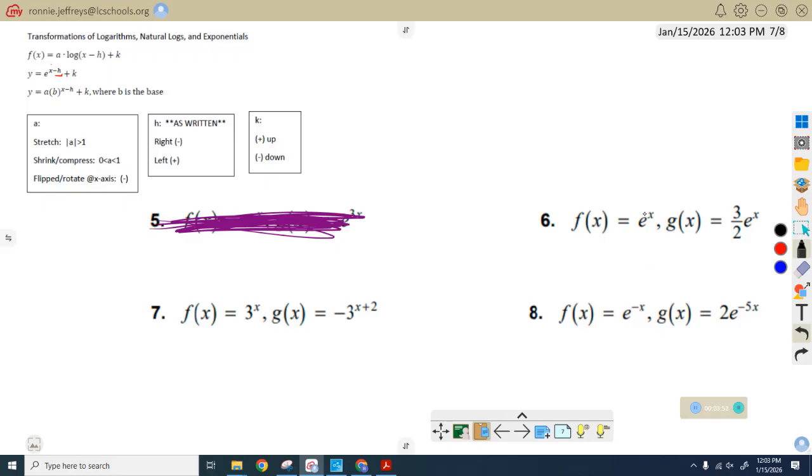All right, so number 6, from here to here, this is the only thing that changes. It's out in front. Okay, that looks like it could be an A. So we could say stretch 3/2.